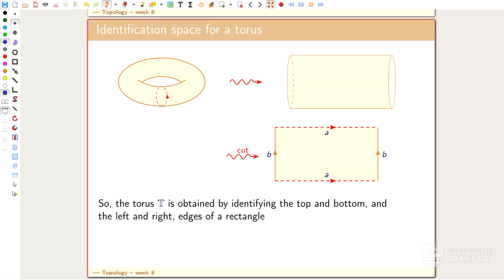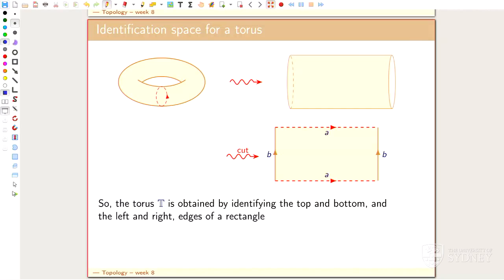So if you're into computer games, for example, this is your screen. And now you imagine you're playing a game on a large world. And usually programmers are a little bit sloppy, they make their life easy. And you don't want to run to the end of the world. So they just drop you in at the other side again. And instead of having an end of the world, actually your world takes place on the torus.